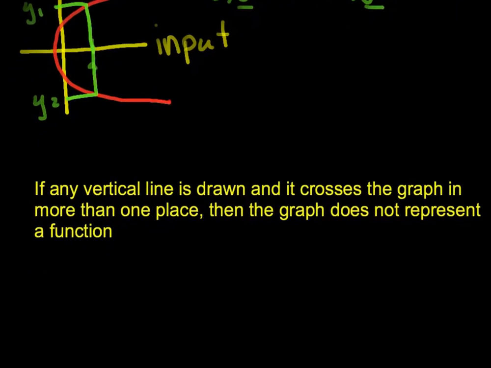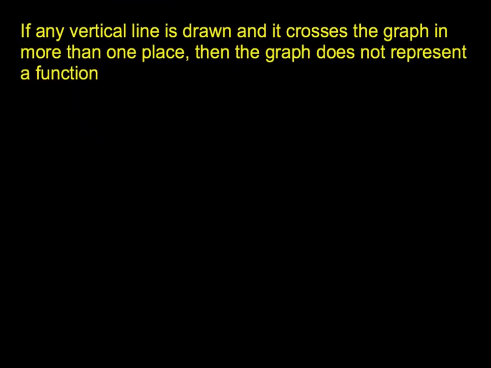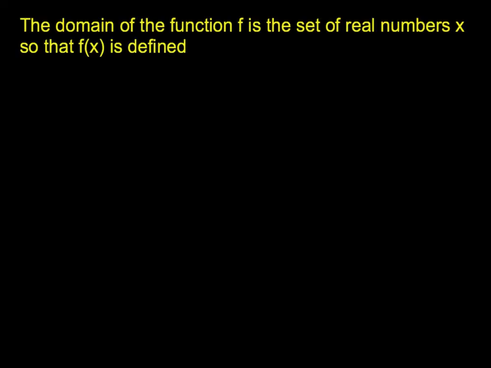Now that we know how to visualize graphs, let's talk about some other features of a graph. We have what's called the domain. The domain is the input of the function. So the formal definition, we have that the domain of the function is the set of real numbers x so that f of x is defined.